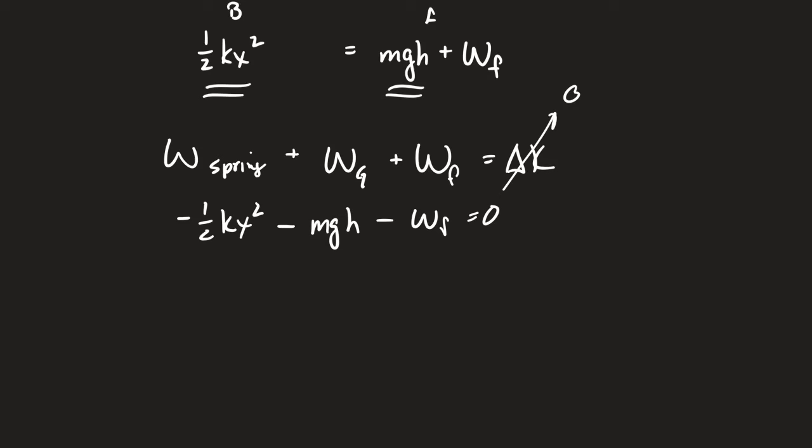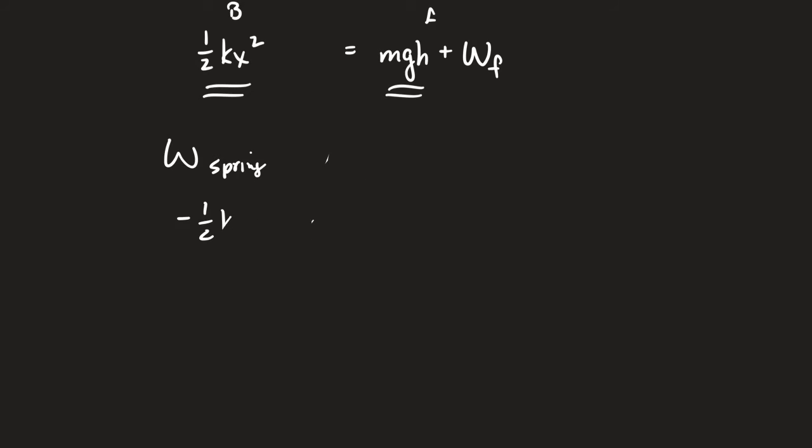That also equals 0. So we're going to get the same answer. So the real question is how much work is done by friction. That's really what it comes down to. Everything else stays the same.